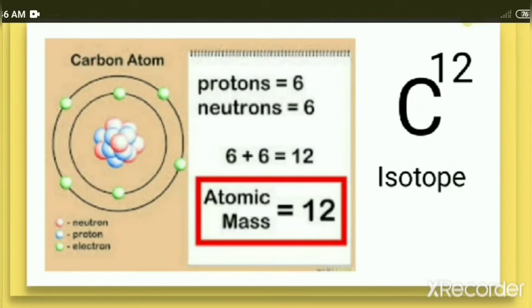So C12 means the total number of protons and neutrons is equal to 12. There are 3 types of isotopes of carbon. From these, one of the isotopes is C12. So the C12 isotope is selected as the reference or the standard for finding out the relative mass of atoms of other elements.